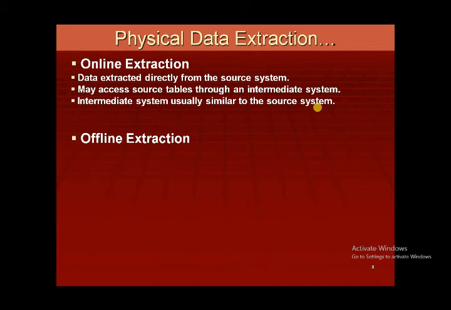So a process will be running on that table, and another process of recording transactions is also running. One process was already recording the transactions, and now you are running another process of extracting the data directly from the source system, so it will degrade the performance of the OLTP system. That's why offline extraction came into being.